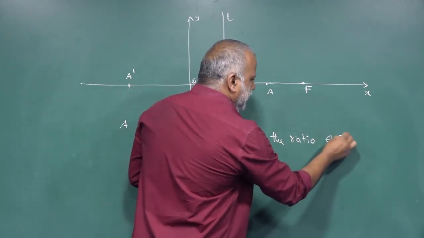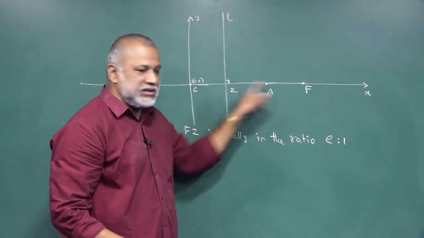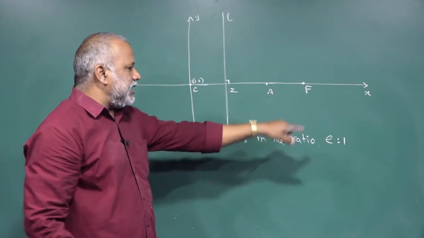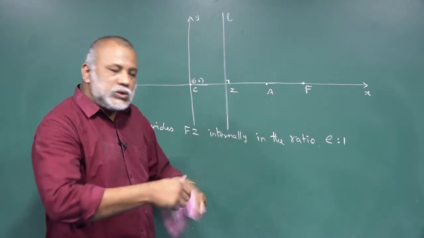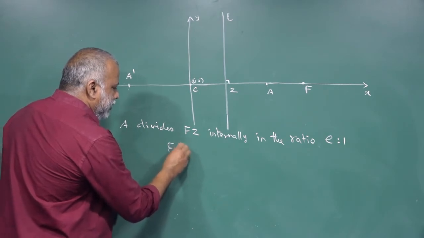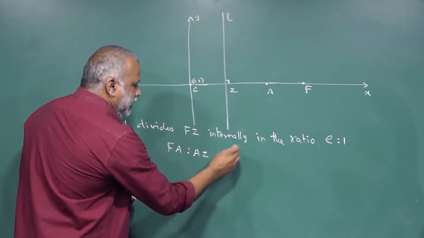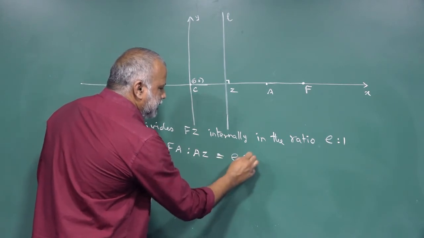So I can write like this: FA ratio AZ equal to e is to 1.